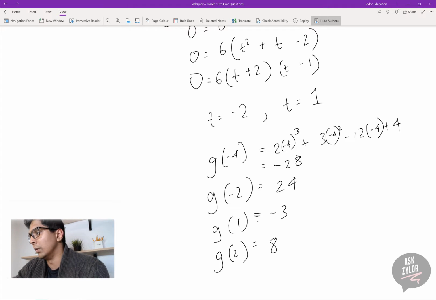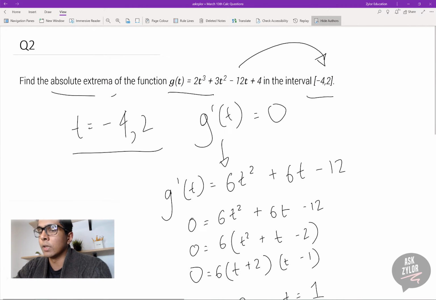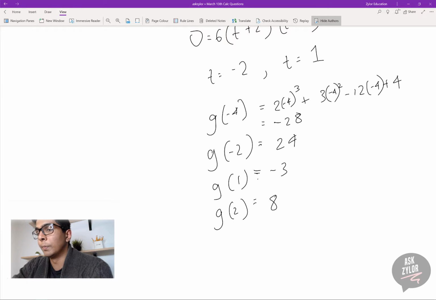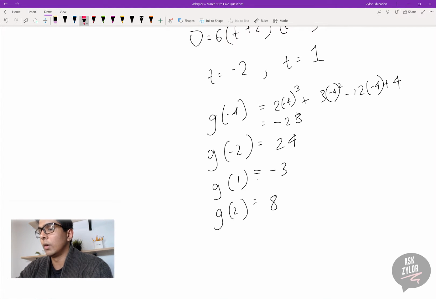So based on these values, the question is asking us to find the absolute extrema of the function. So we need to find the absolute maximum and the absolute minimum. So based on the values we've analyzed, -4, -2, 1, and 2, we're going to look at what are my y values.